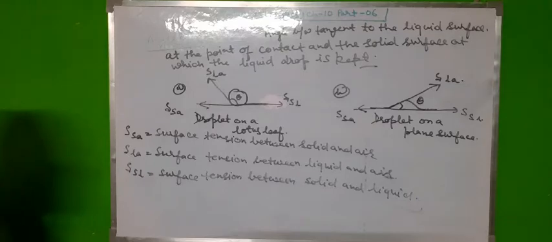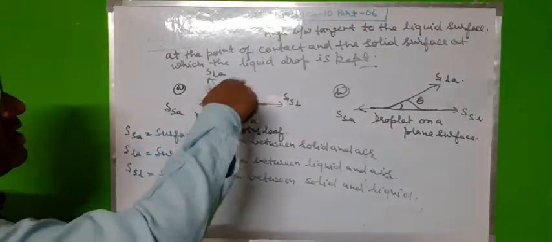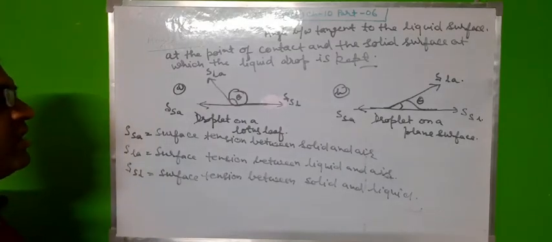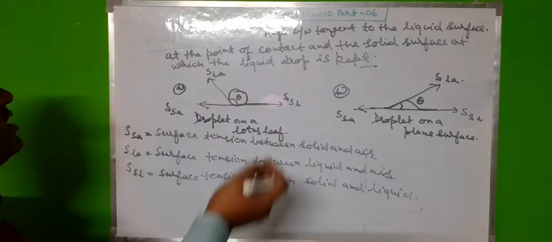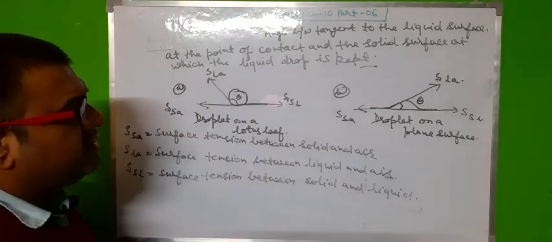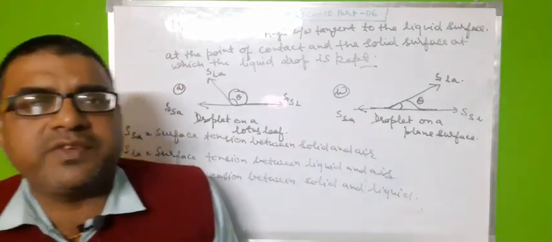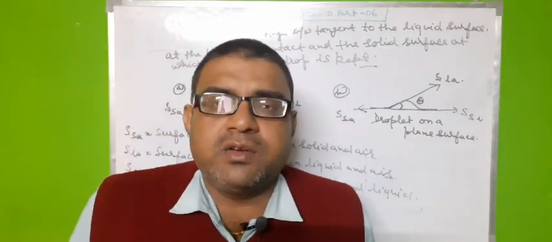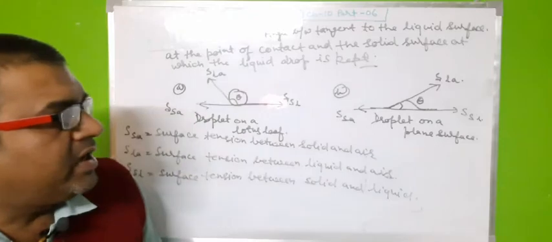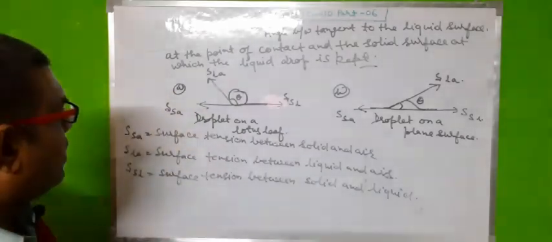Now here, look at here, students, as the liquid is at rest, this angle is called the angle of contact. In general language, if a liquid drop is in contact with a surface, then the tangent over the curved part, whatever angle it makes, that angle is called the angle of contact.